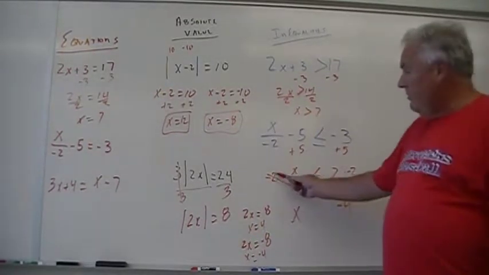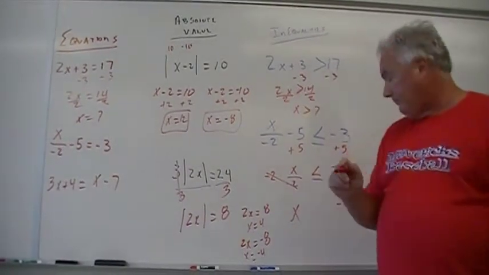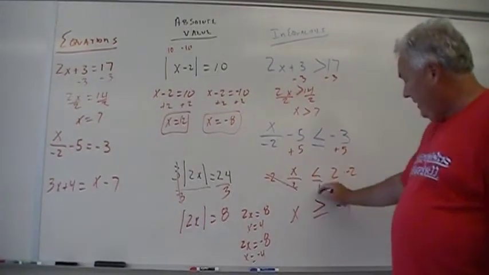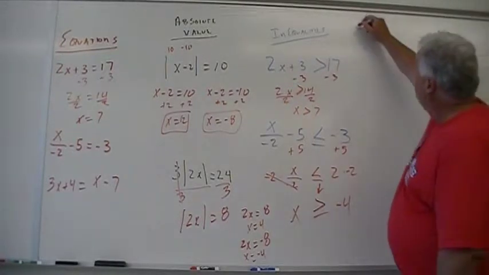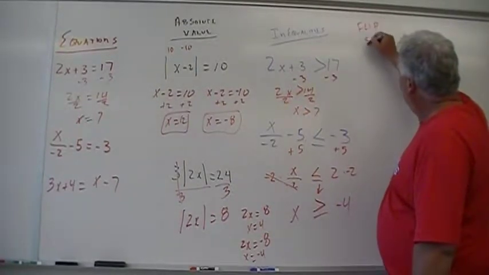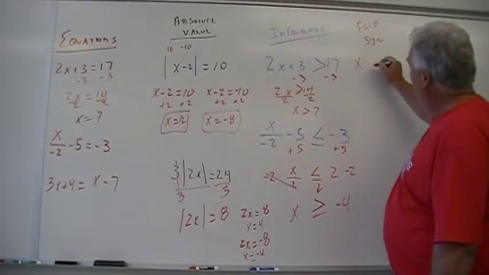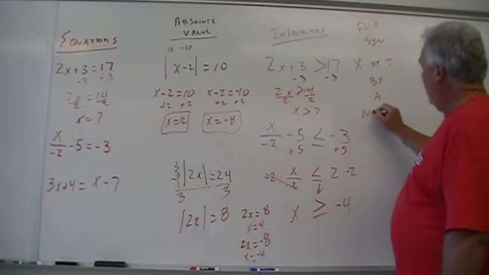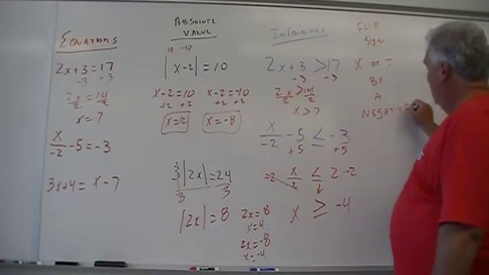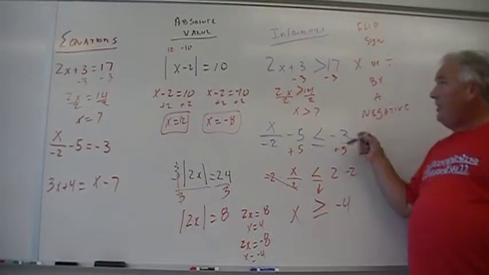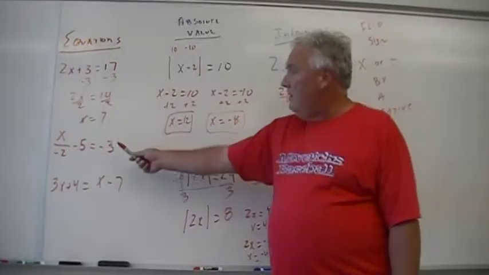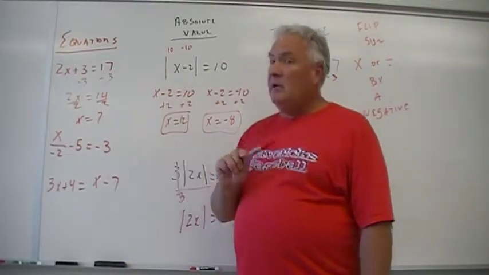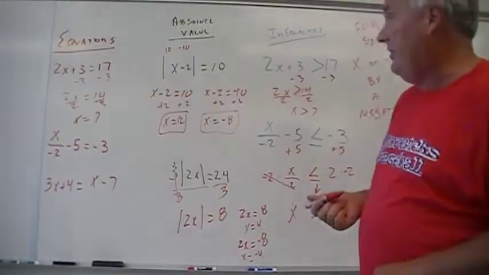But because we multiplied by a negative number, this is going to change to greater than. We flip the sign. So flip the sign when you multiply or divide by a negative. Okay, that's the really important thing with inequalities. Not here. Add 5, multiply by -2. The equal sign obviously stays as an equal sign.